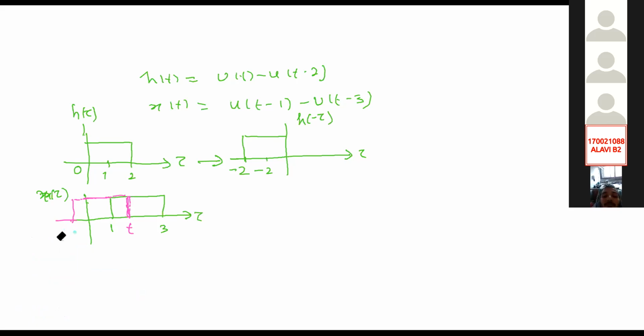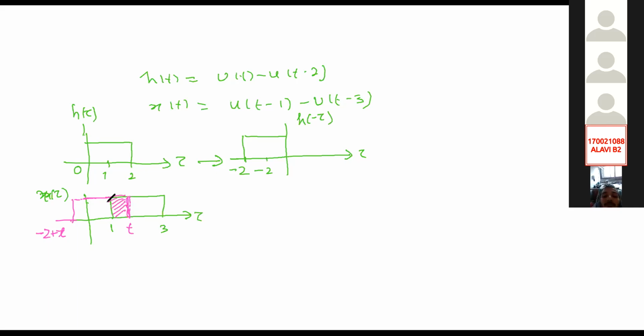I am rewriting it. The trailing edge of your pulse will be 2 plus t. Is it okay? Now, where is the overlap region? This region is your overlap, isn't it?